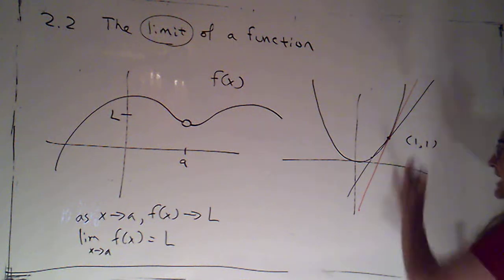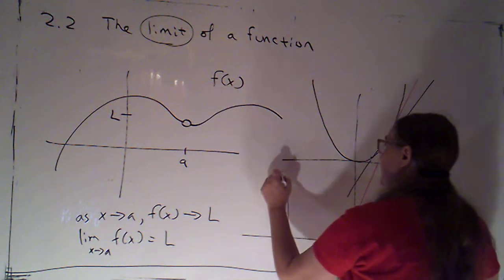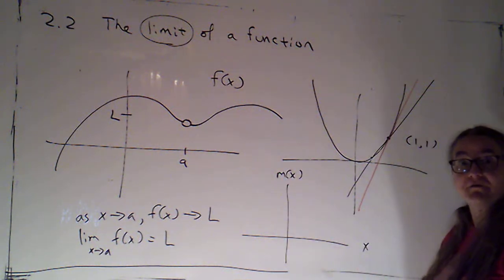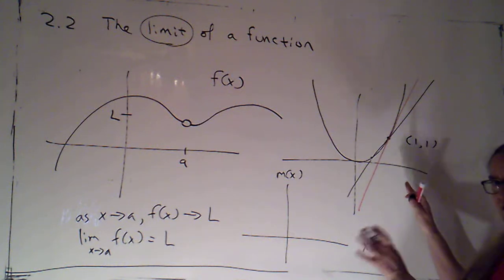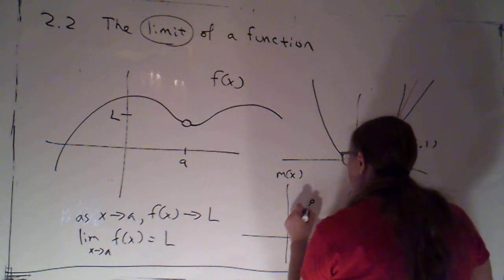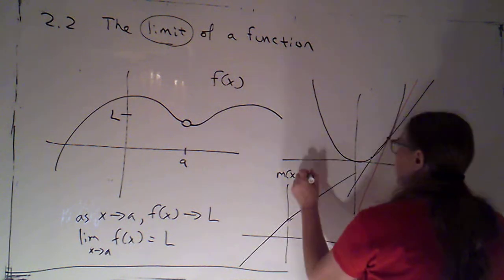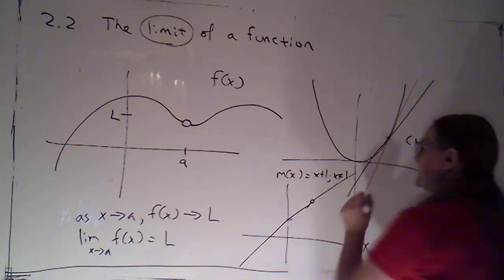And if you remember, we actually calculated a function that we called m of x that was giving us the slope of the secant line. And when we did this for x squared at the point 1, 1, we actually got a graph that looked something like this. It was x plus 1, but with the restriction that x wasn't allowed to be 1.